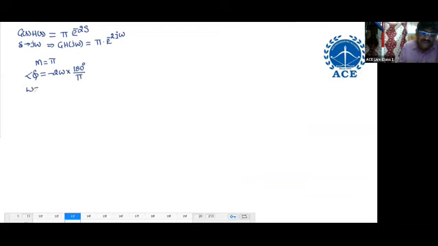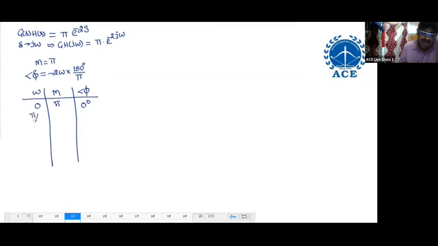Now omega 0, magnitude pi, angle 0 degrees. You have to go by procedure. Write the tabular form: omega, magnitude, phase. Omega 0, magnitude pi, angle 0 degrees.